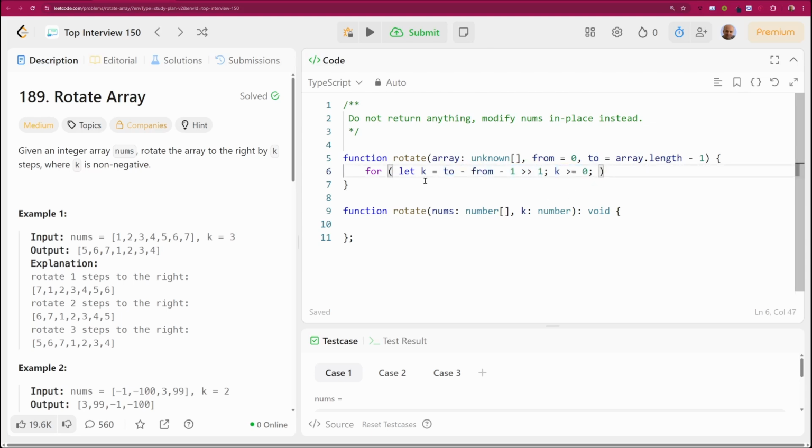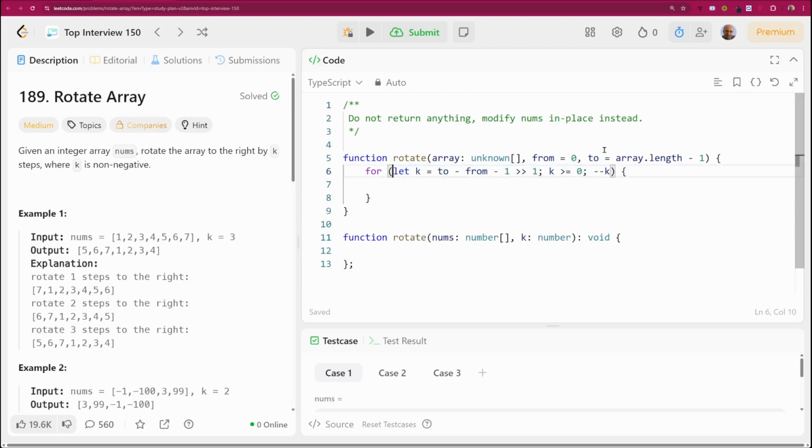And the reason I'm doing this, I don't want to calculate this every time this condition is being checked. And then minus k, because we're decrementing k every time. Okay.